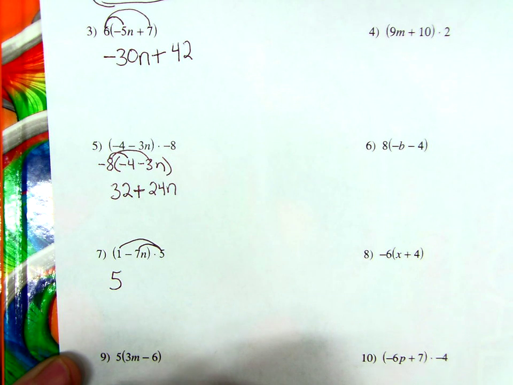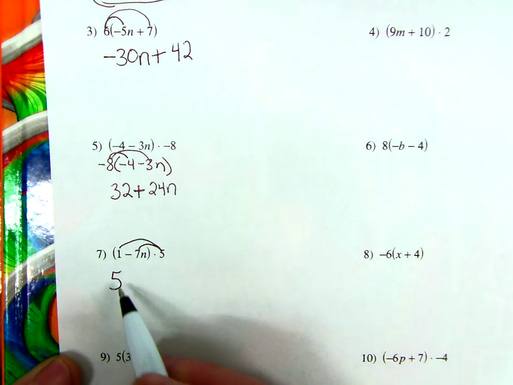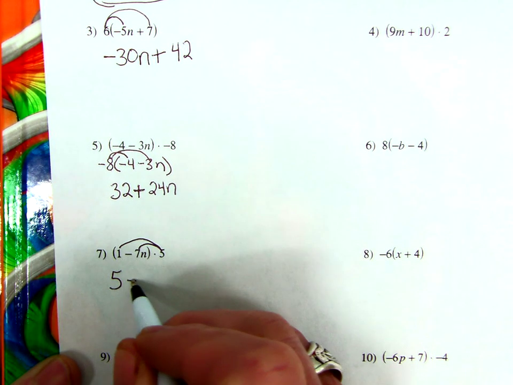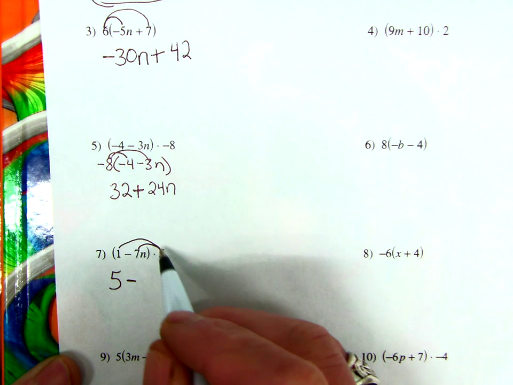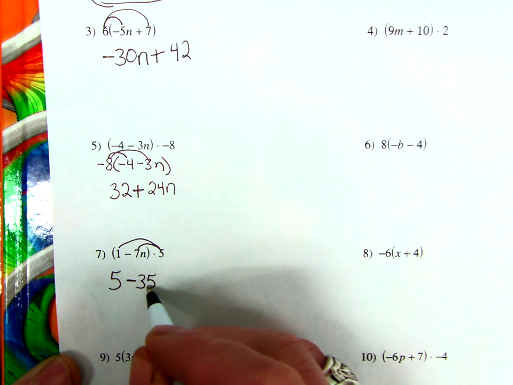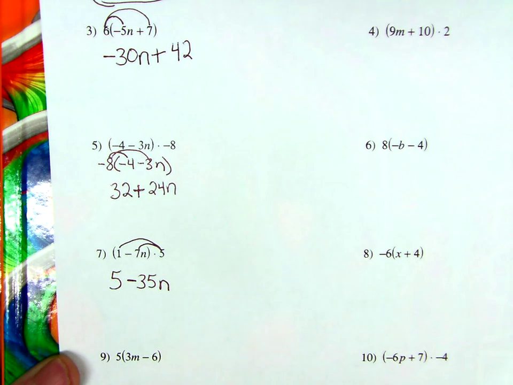I'm not going to write down minus negative 35 or plus negative 35. When I write this answer in the expression, if it's negative, I'm going to use a minus sign. So 5 times negative 7 is minus 35, and there's an n with it.